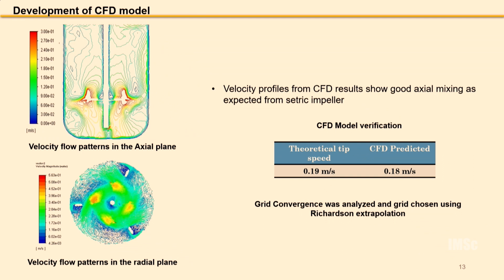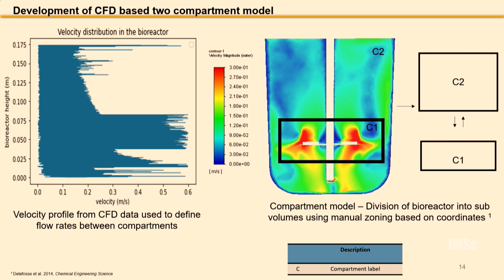We also saw that the theoretical tip speed matched well with the CFD predicted tip speed, and we did a grid convergence study to be sure that the results we are getting are independent of the meshing we have done. Based on that, from the velocity profile plotted with respect to the bioreactor height, we divided this reactor into two compartments.